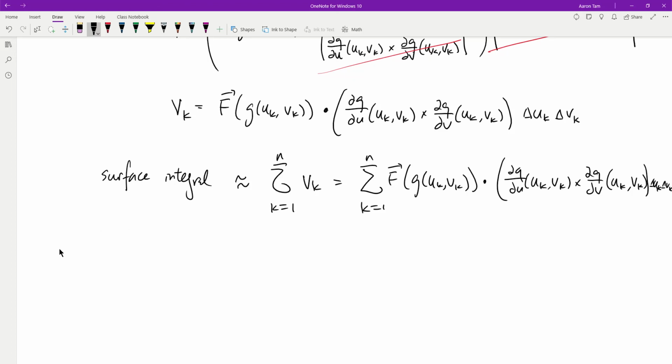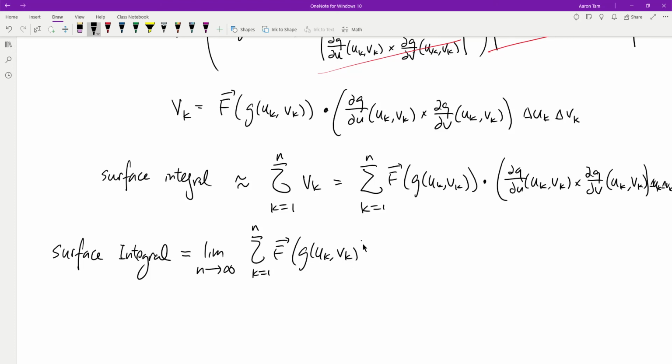So I can now define the surface integral to equal the limit as n goes off to infinity of this whole thing: summation k from 1 to n of vector f of g of u sub k, v sub k, dot product dg over du at u sub k, v sub k, cross product with dg over dv at u sub k, v sub k, delta u sub k, delta v sub k.